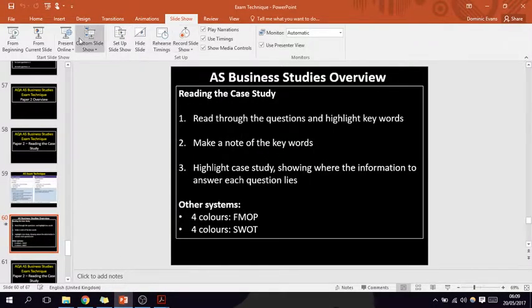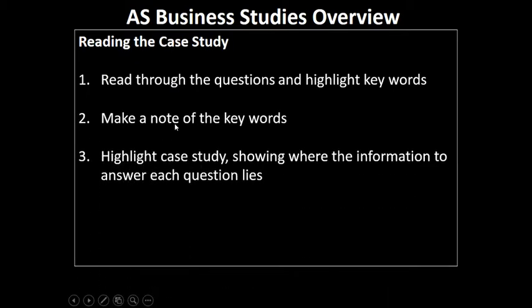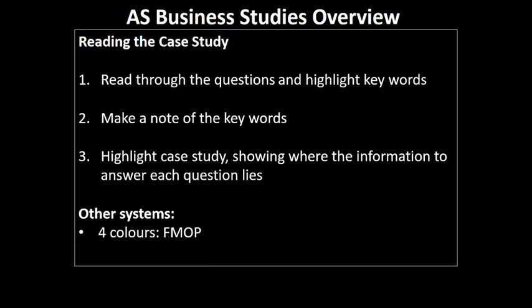Now, there are other systems that you can use to highlight the case study, to read, to access the case study. Your brain is really looking for patterns and ways of learning this case study quickly.